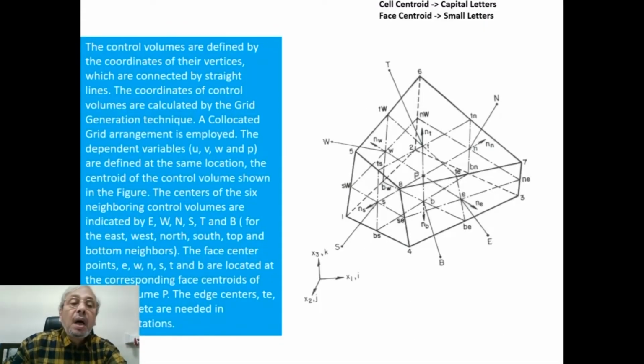Now, the control volumes I have already mentioned are defined by the coordinates of their vertices. You can see 1, 2, 3, 4, then 5, 6, 7, 8, coordinates of their vertices, which are connected by straight lines.